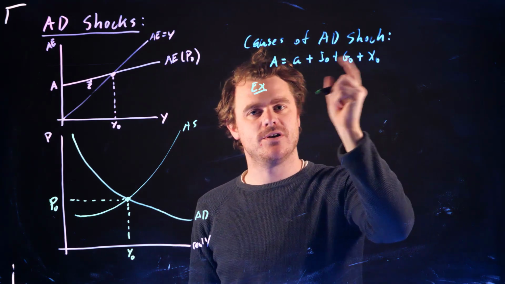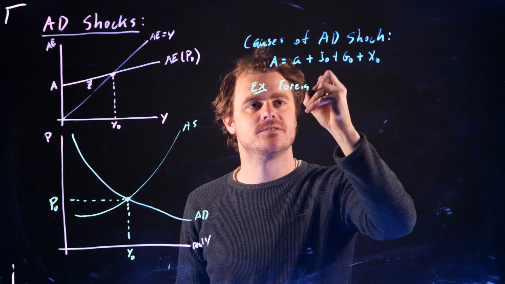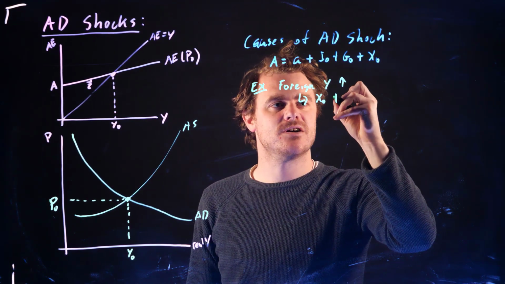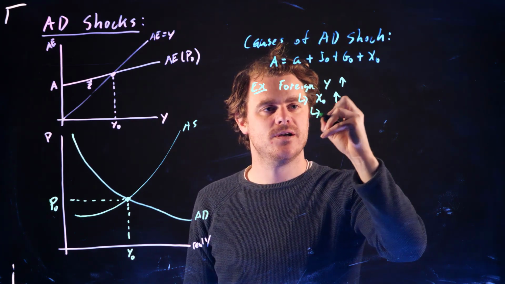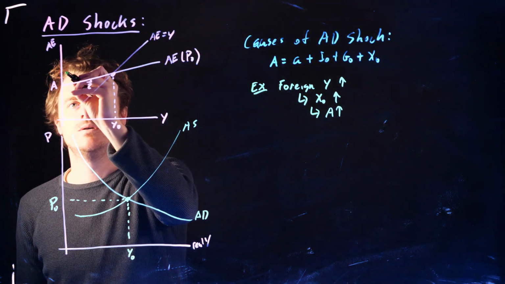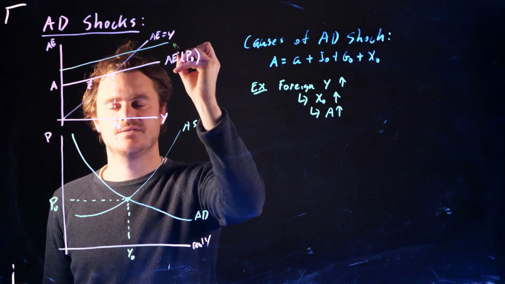So let's say, for example, we can look at what we looked at early in the video. So let's say foreign income increases. Well, that's going to cause X0 to go up. Our exports are going to go up, which is going to cause our capital A to go up. Okay, so it goes up like this.